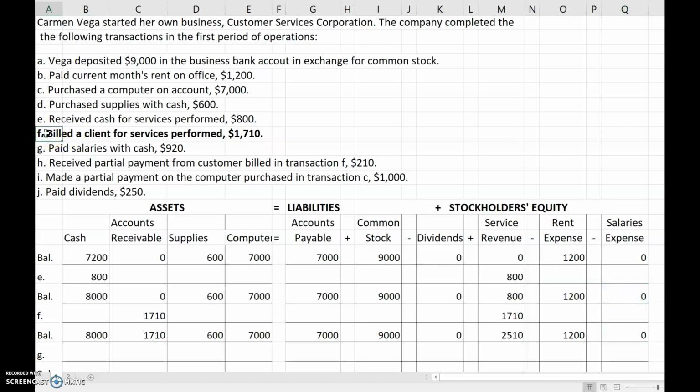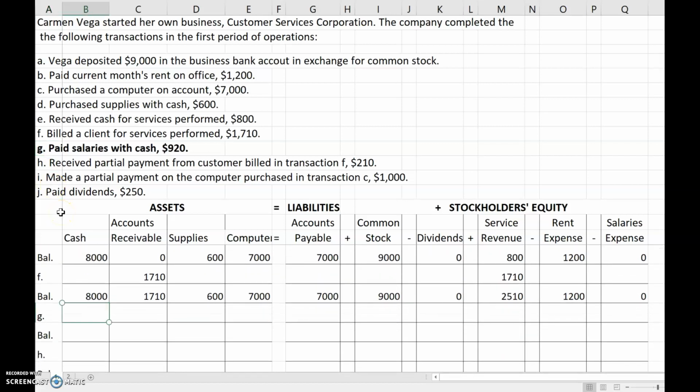Okay. Next one, G. We paid salaries with cash. So cash is going down by 920. And then salaries, that's an expense of the company. So we're going to put 920 in salaries expense. And again, salaries expense only goes up, but its effect on retained earnings and therefore stockholders' equity is a minus.